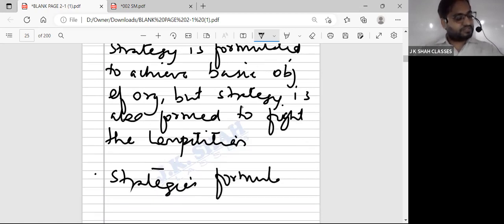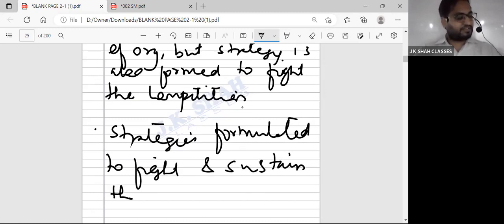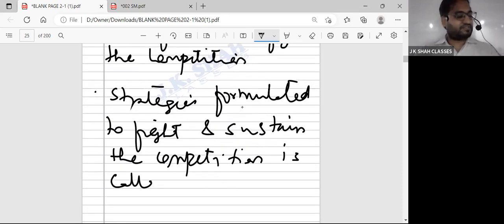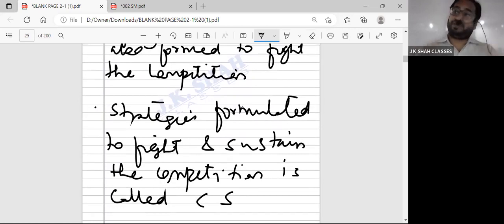Strategies formulated to fight and sustain the competition is called competitive strategy. CS means competitive, it is not counter strike. Competitive strategy.